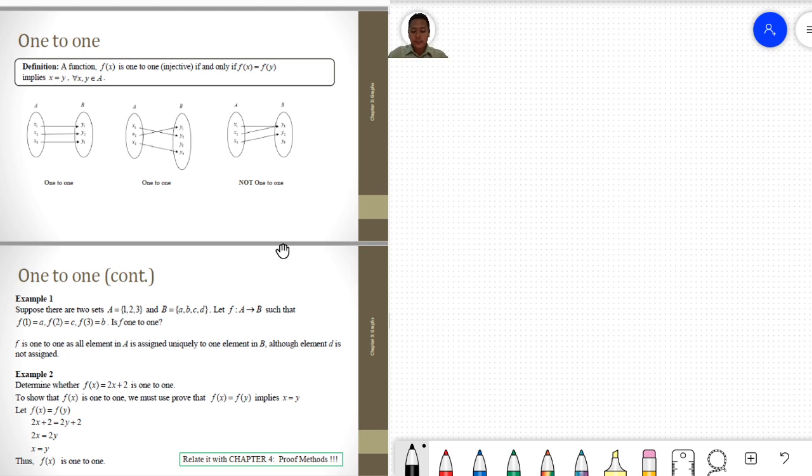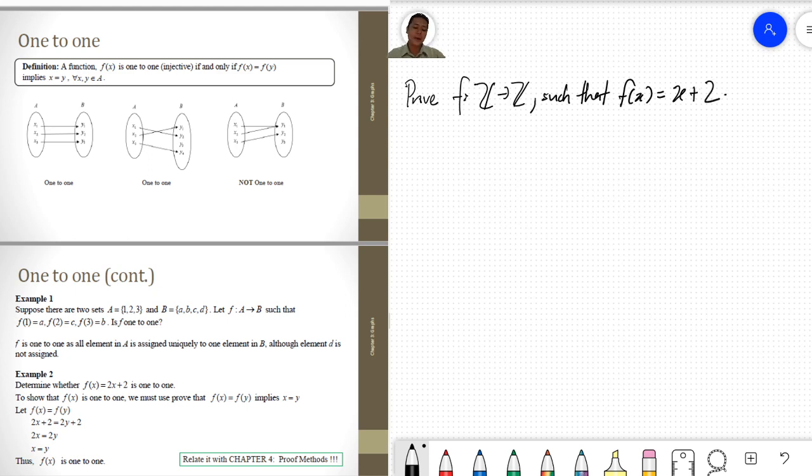And suppose you get this kind of statement: prove a given function that maps integer to integer, domain to codomain, such that f(x) equals x plus 2.